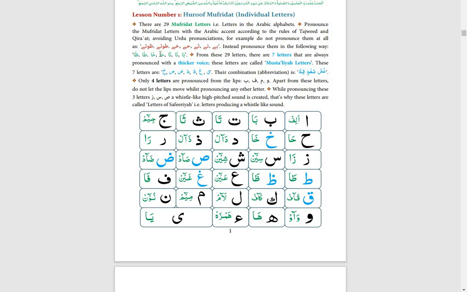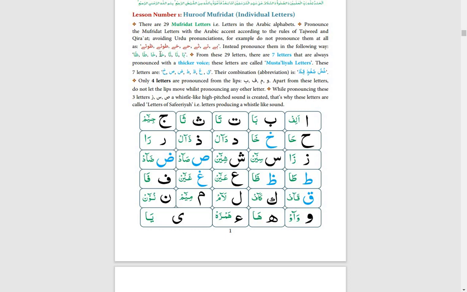This is the 5th point. Okay, we have 5 points in this chapter. First, like any other language, Arabic also has an alphabet. These are 29 and are called Mufridat letters. Second, we have to pronounce these letters in the Arabic accent, not in the Urdu accent.